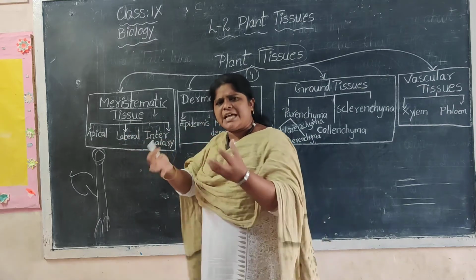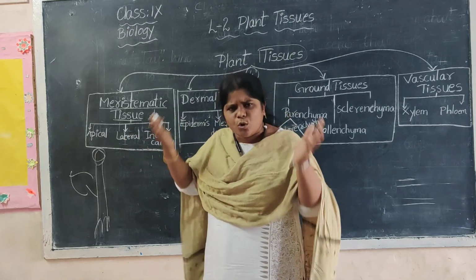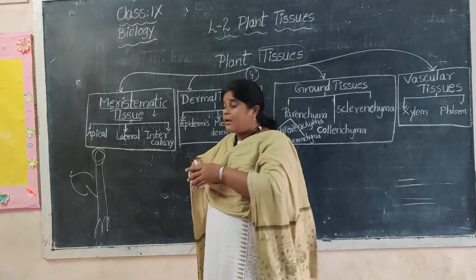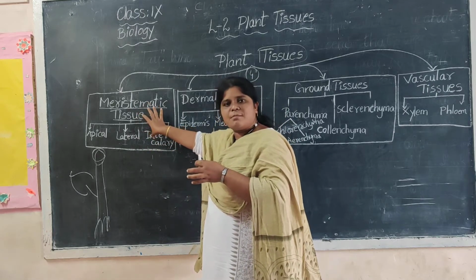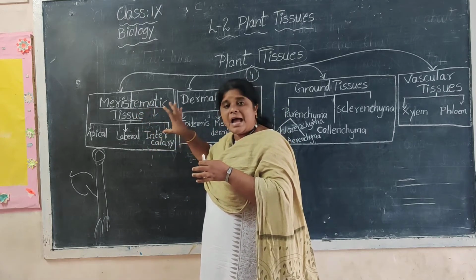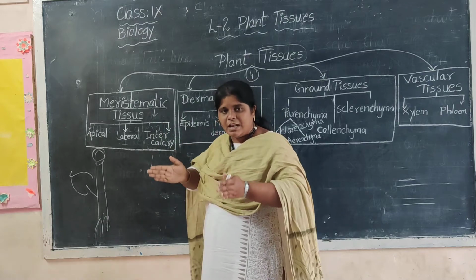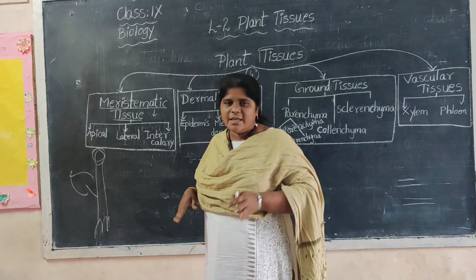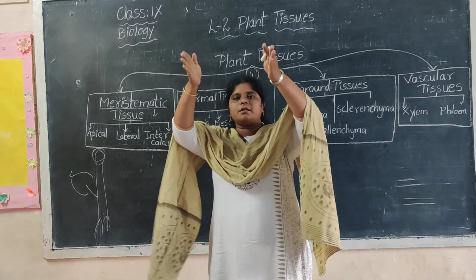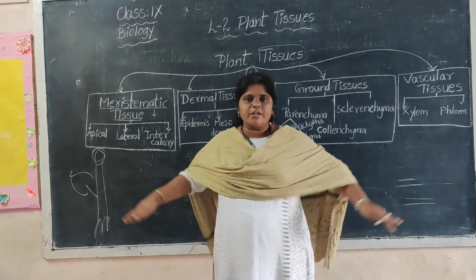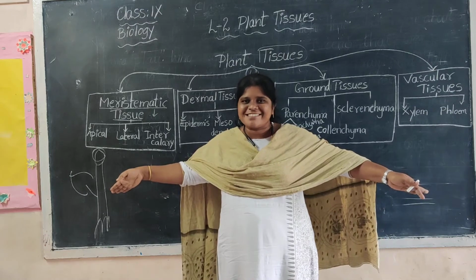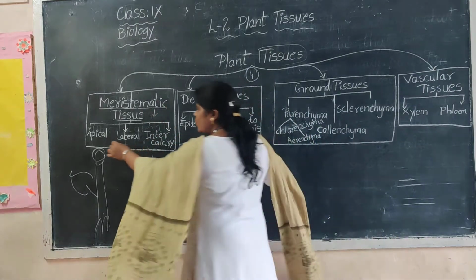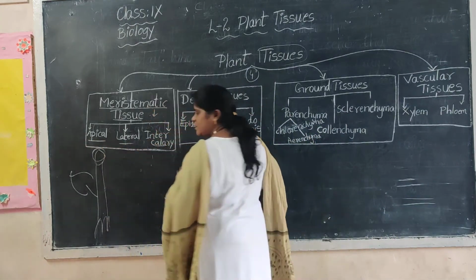All the cells which have the capacity to divide and increase their number will be present in this tissue called meristematic tissue, and this meristematic tissue will help in the growth of the plant. Now, you understood? Some of you will grow like this and also like this. In the lockdown time, everyone is becoming like this. Isn't it? Now, you have 3 types of tissues here.